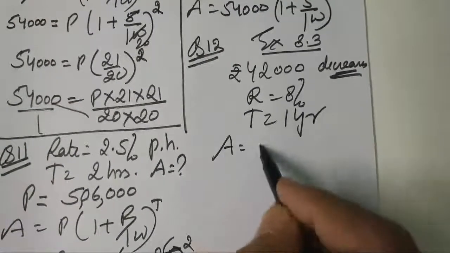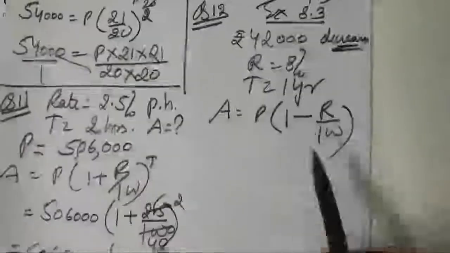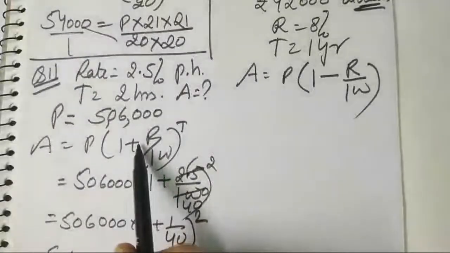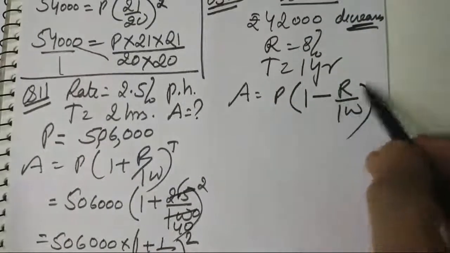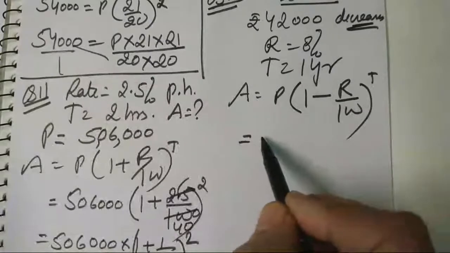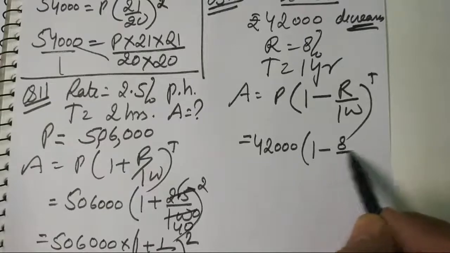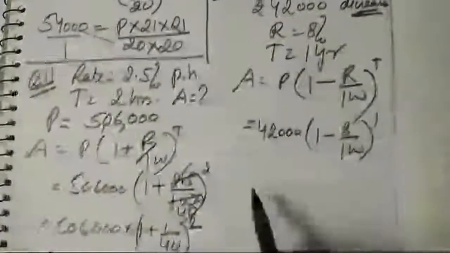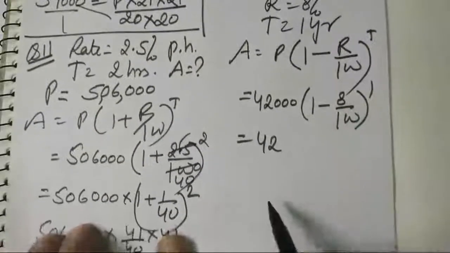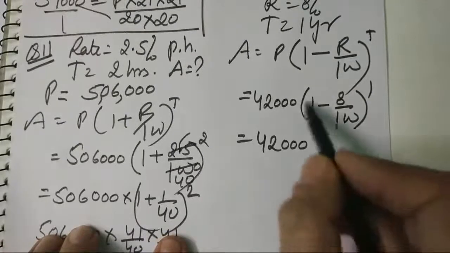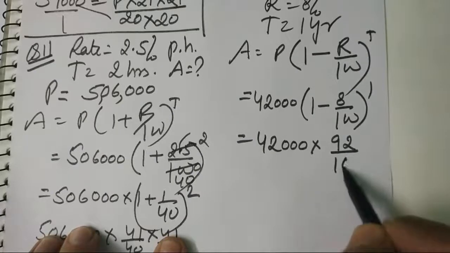You will use the formula A is equal to P 1 minus R upon 100. Why is it minus? In the earlier question, why it is plus? Because there is an increase. In this, the value of scooter is decreasing, so the rate will be minus. Rest everything is same. So you will put the value 42,000, 1 minus R is 8 upon 100 and time is 1. Now when you solve, I will not cancel anything, it will become 42,000, and 100 minus 8 will become 92 upon 100.